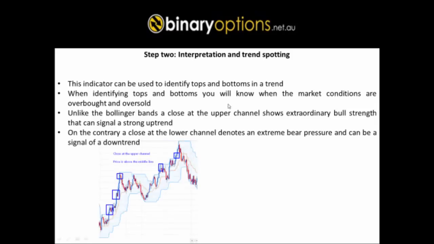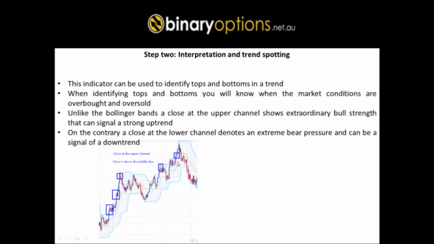You can see that we are in a clear uptrend, right? And the price is closing at the upper channel of the Donchian channels. Here, here, and here. Here we have a correction, but here we close at the top of the Donchian channel, and here again.